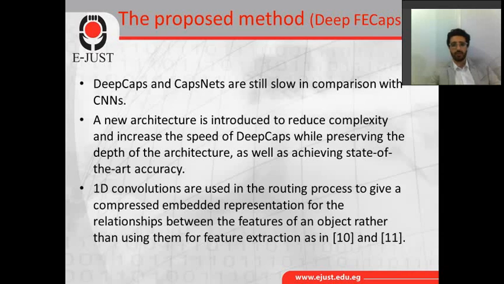The 1D convolutions are not used for feature extraction directly. They are rather used for having a compressed embedded representation of the relationships between the features, and we will speak in detail about this.